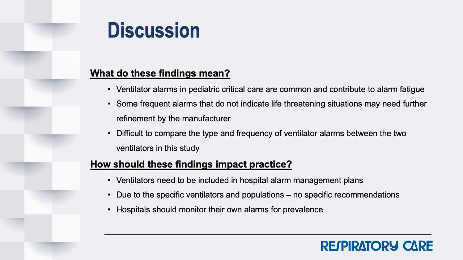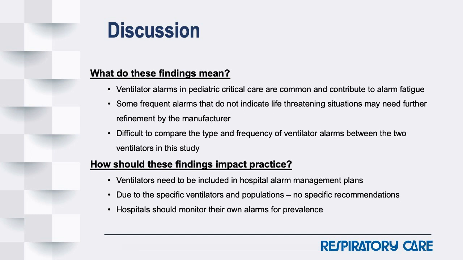And the other thing is, because of proprietary names, it's probably hard to generalize these. We cannot really compare types and frequencies of alarms between multiple different ventilators, just for the fact that they have different algorithms and different proprietary names for their alarms.